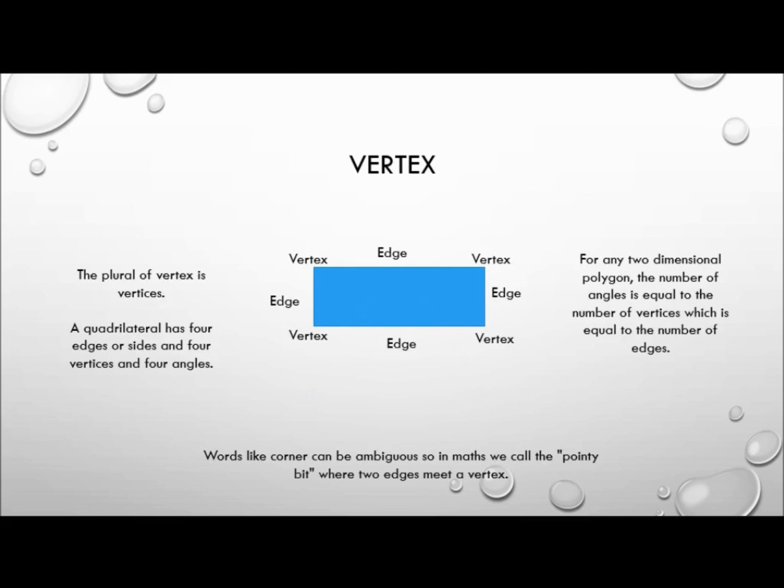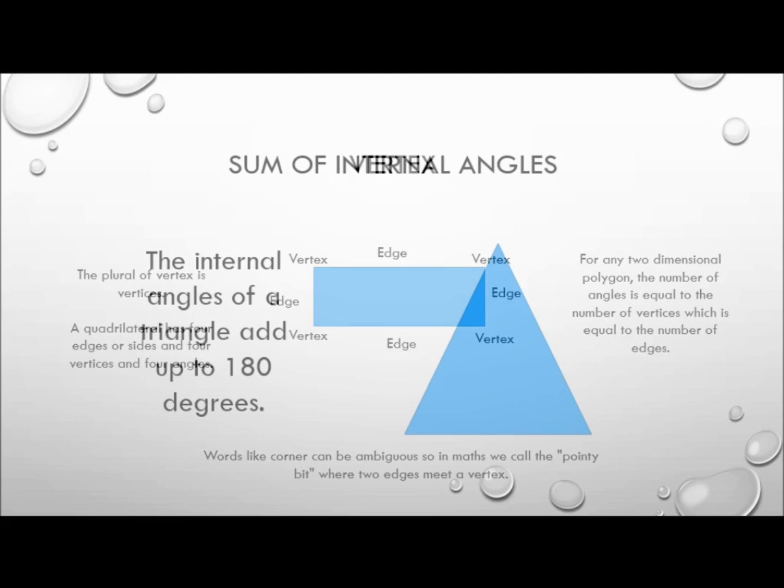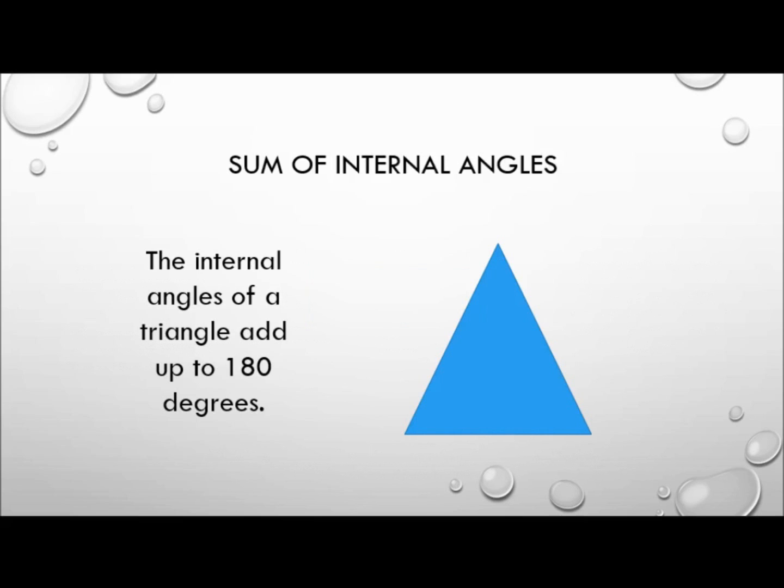Now a quadrilateral has four edges or sides and four vertices and four angles. In fact, for any two-dimensional polygon, the number of angles is equal to the number of vertices, which is equal to the number of edges. Now the internal angles of a triangle add up to 180 degrees.